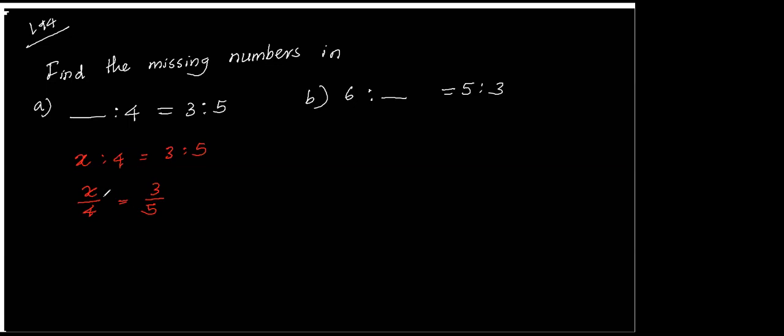This is by this 5, this is by this 4. 5x equals 4 times 3, 12. Then x equals 12 divided by 5. x equals 2 and 2 fifth. Understood this one, Yasit? Yes, teacher.